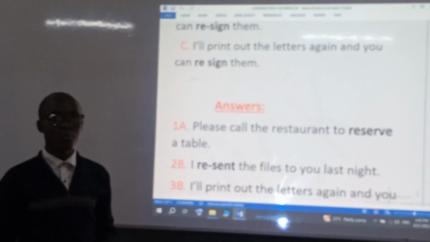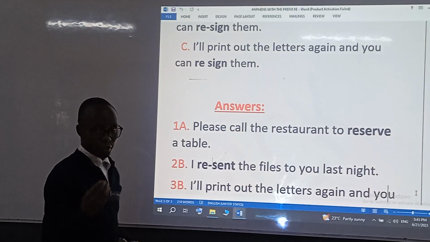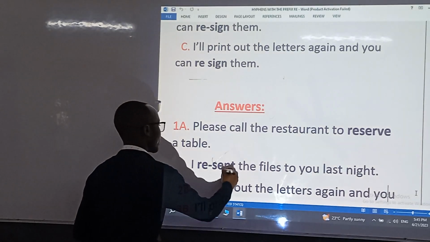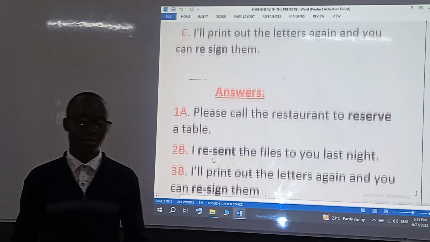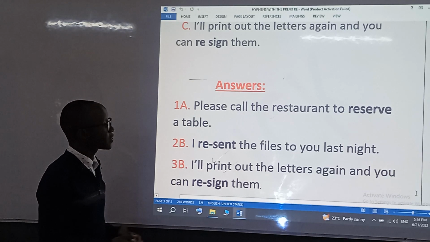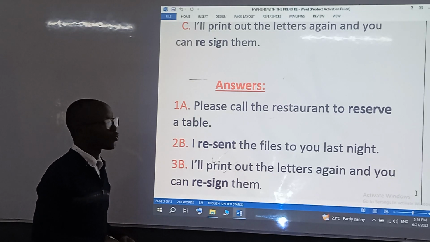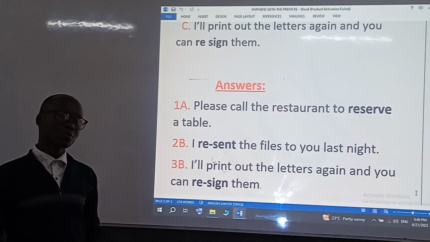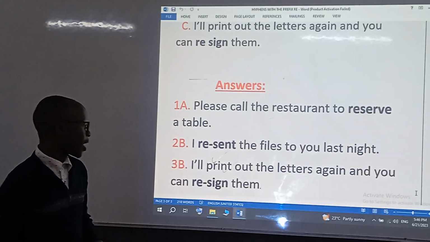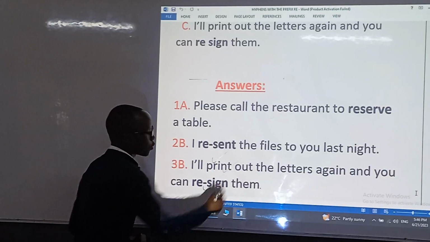So those of you who said the choice that had a hyphen was correct, again, congratulations, because you are right. What about question 3? The answer was, I'll print out the letters again and you can re-sign them. Again, to those who chose the answer in question 3 that has a hyphen, you are also right.